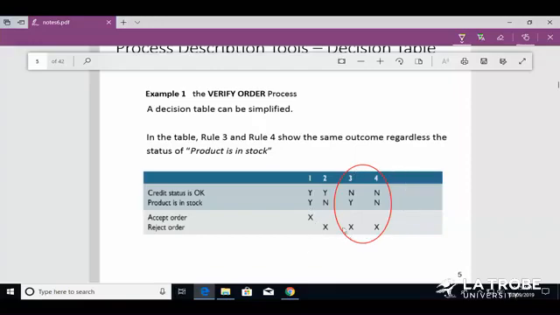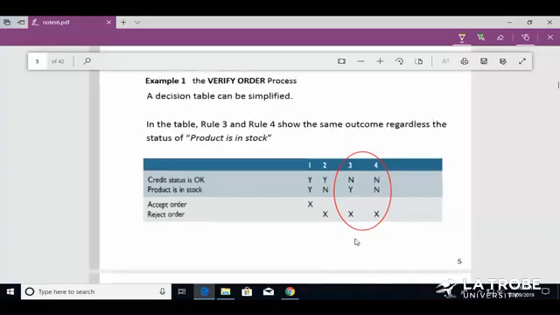So in order to combine two rules, first we need to check they have the same outcome. In addition to that, they share the same first condition, no, no. So, regardless of condition 2, the 2 rules have the same outcome. So, we can combine those 2 rules.